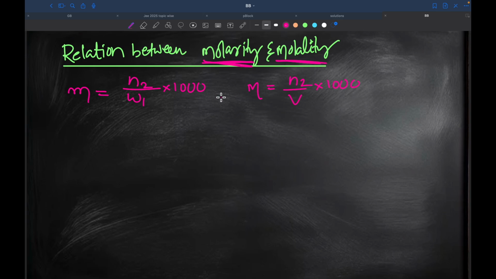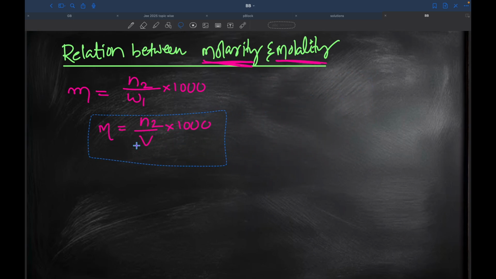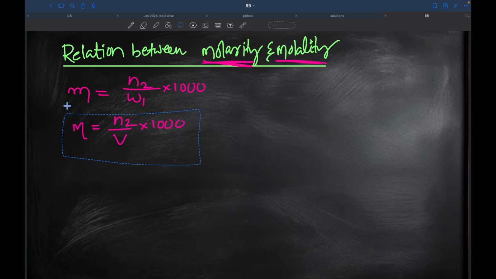What I'll do is divide these two. So what shall we do? We just divide. So this is our equation 1, this is our equation 2.